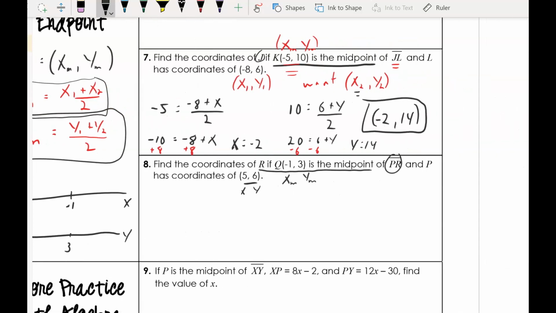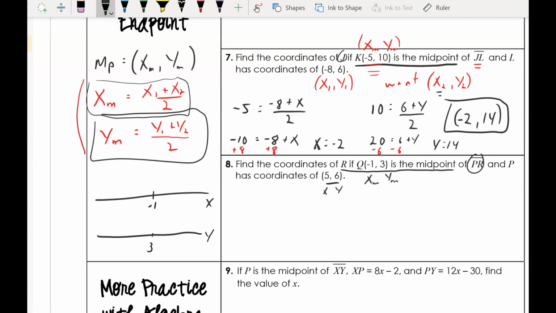So on the x number line, I'm going to put the 5 to the right, since 5 is more than -1. And I notice that the distance between -1 and 5 is a distance of 6.